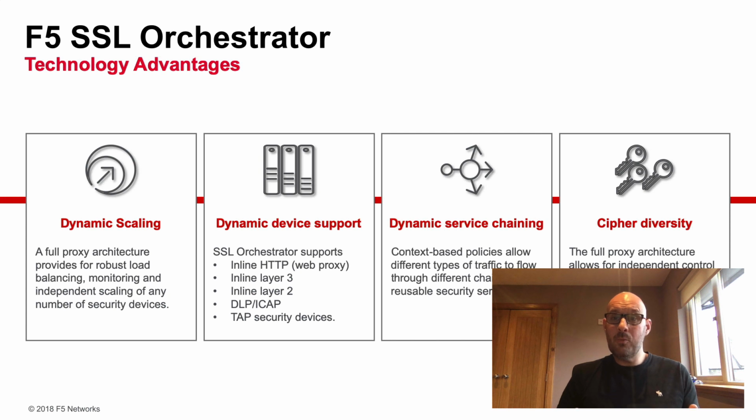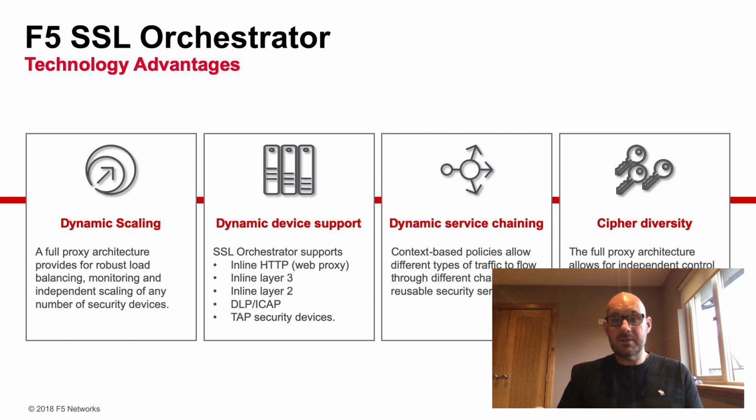We have dynamic device support as well. The F5 full proxy architecture allows it to address Layer 2, Layer 3, HTTP services, TAP and ICAP services. So however your security device needs us to integrate with it, we can. And also device service chaining, forwarding traffic intelligently to the various security services based on a traffic classification.